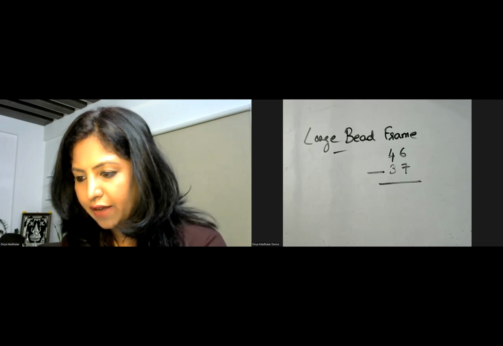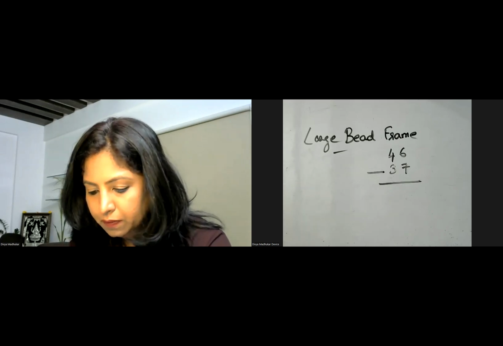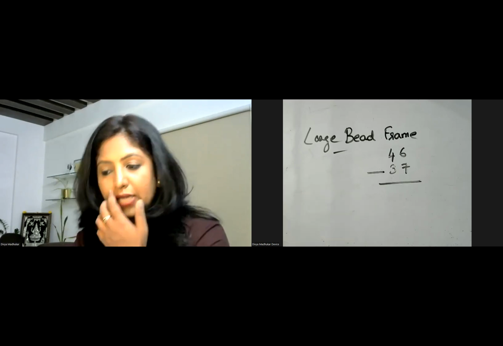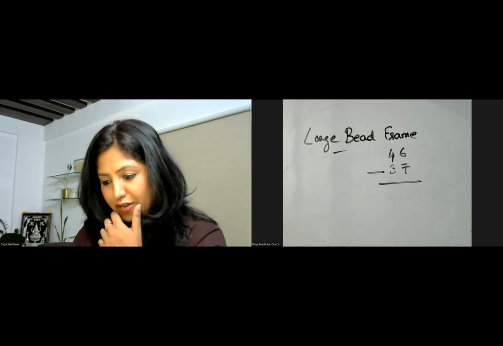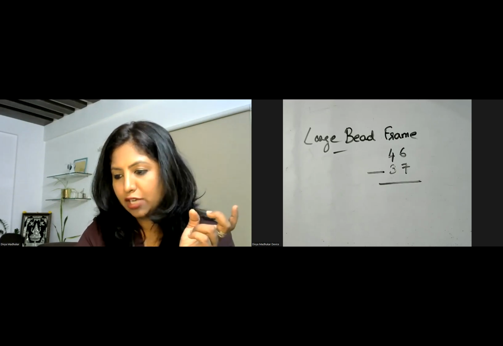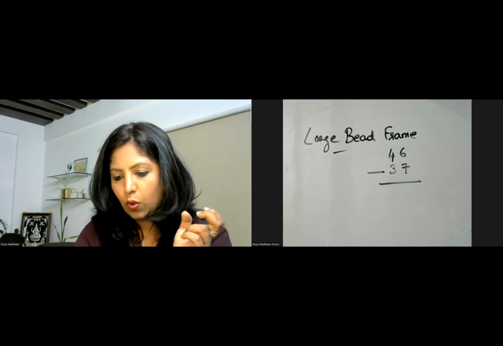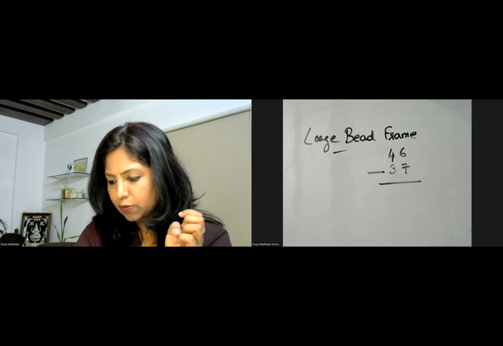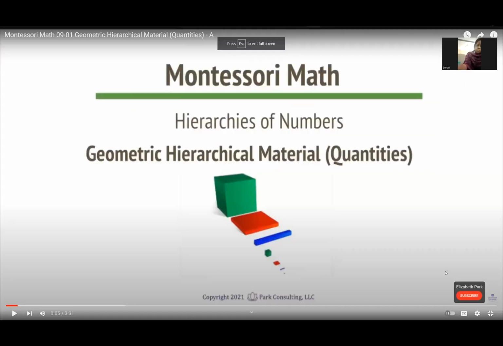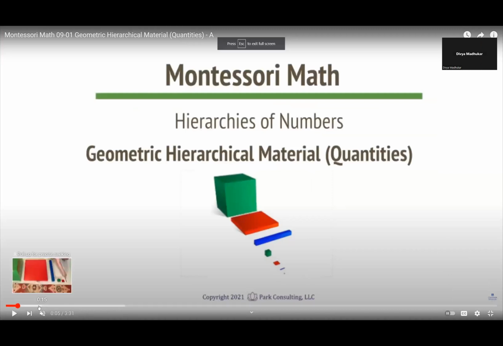But let me check if I have any recording of it. Now, when do we use wooden hierarchical material? Guys, see, before introducing this part, just imagine we had our units, right? So let's take a look at the hierarchical material. See this, everybody.